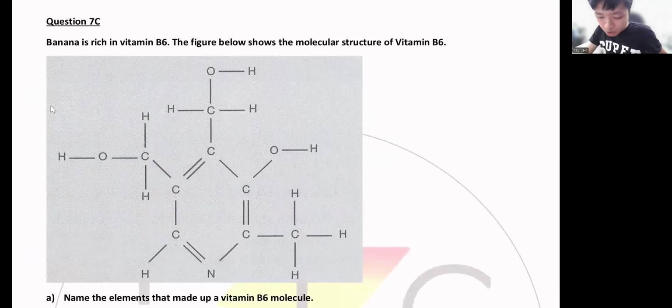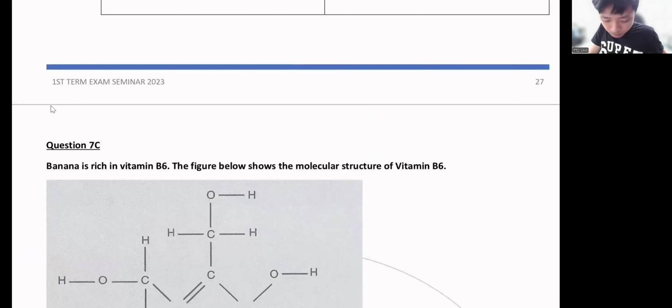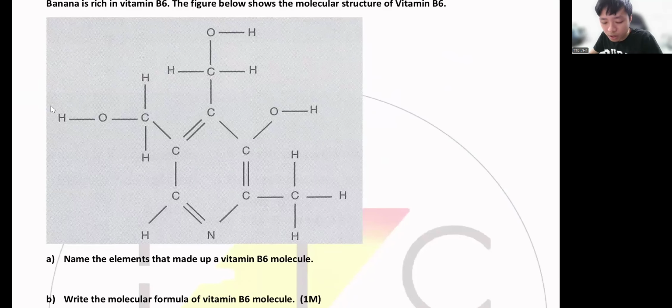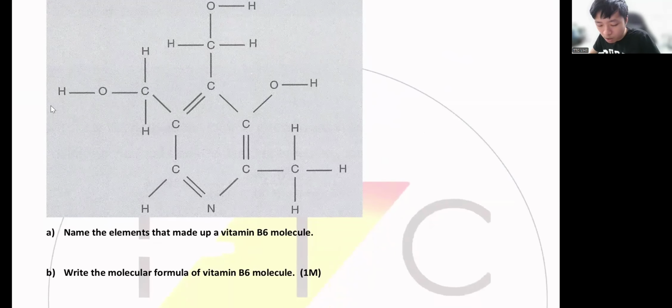Okay, so page 28. Banana is rich in vitamin B6. The figure below shows the molecular structure of vitamin B6. Name the elements that make up a vitamin B6 molecule. So what are the elements inside? What is C? C is carbon.